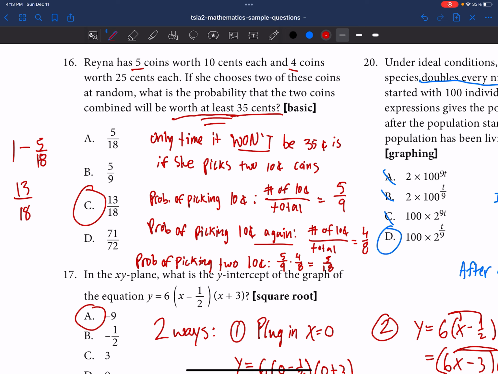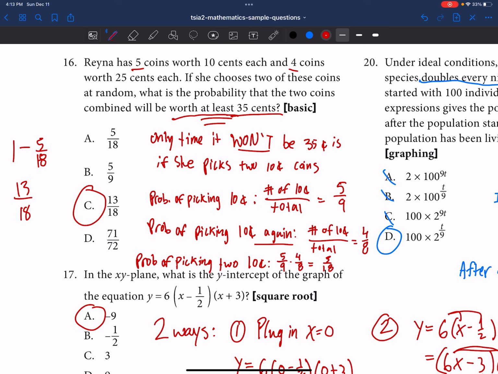Any other thing she picks, if she picks 2 quarters or if she picks a dime and a quarter, then she's okay. But if she picks 2 dimes, that's not going to satisfy this. So essentially what we do is we find the probability of her picking 2 dimes and we subtract that from 1.